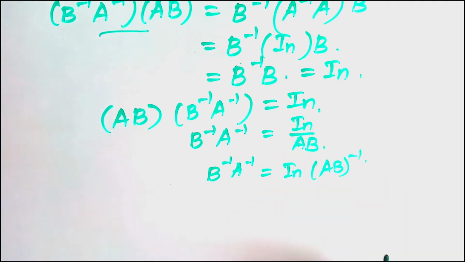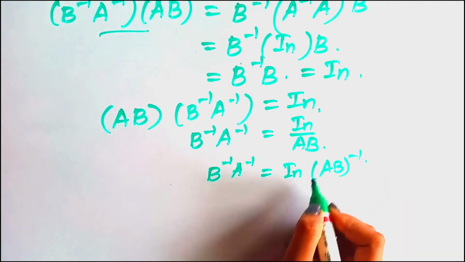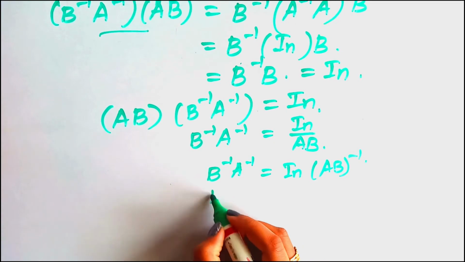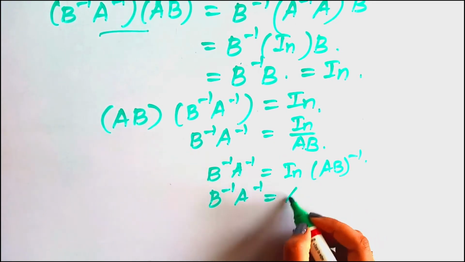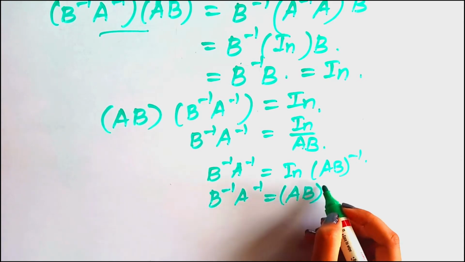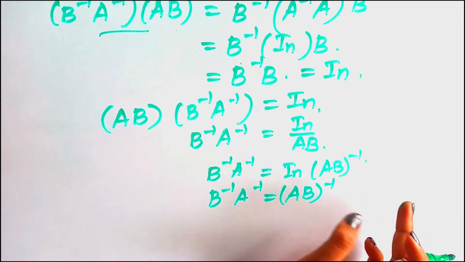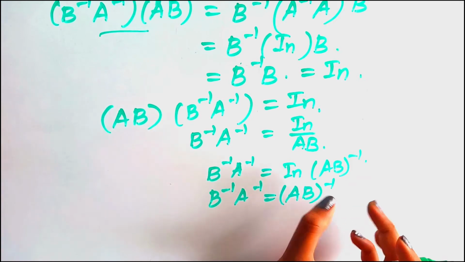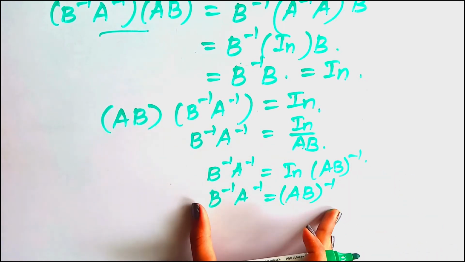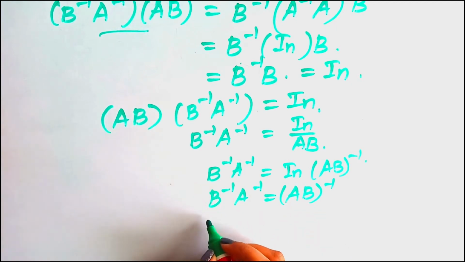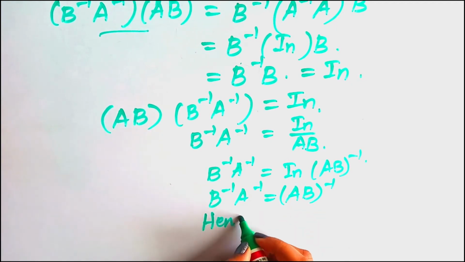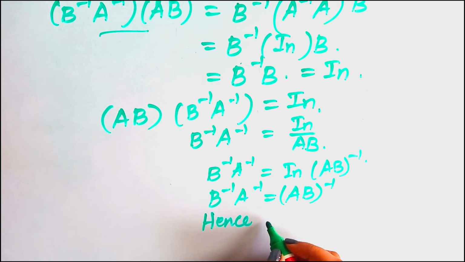In the place of IN we can substitute 1 here because it's an identity element. Therefore here there will be AB the whole inverse, since 1 multiplied by an element gives the same element. So therefore we got B inverse A inverse is equal to AB the whole inverse. Therefore this is the theorem of reversal of inverse, and hence proved.